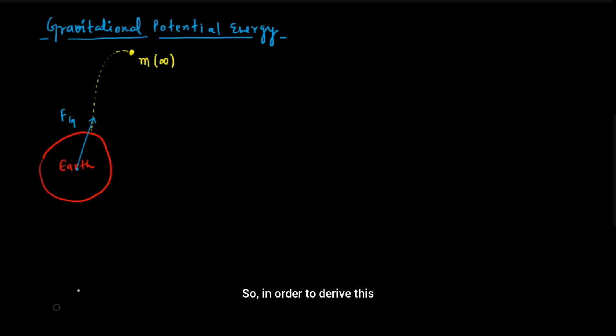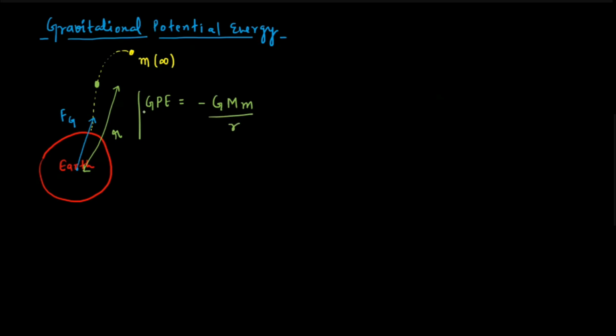To derive this, we simply assume that at any point of its journey, wherever this mass is, let's say at some smaller distance, the gravitational potential energy in that case comes out to be negative GM over r. This is what gravitational potential energy is in terms of mathematical relation.